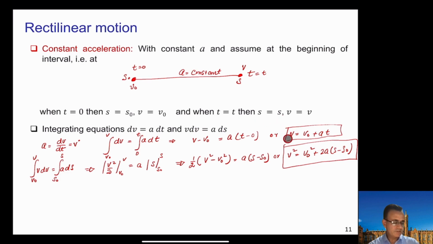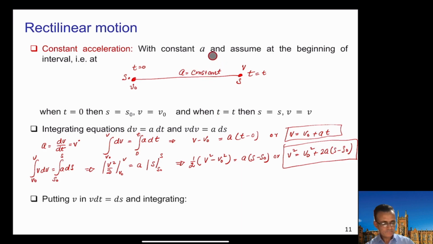So the first equation was the final velocity is equal to the initial velocity plus a times t. The second equation is the final velocity square is equal to the initial velocity square plus 2a into the final displacement minus the initial displacement. And finally, we can use this equation here, that is velocity is equal to ds by dt, which is obviously s dot.